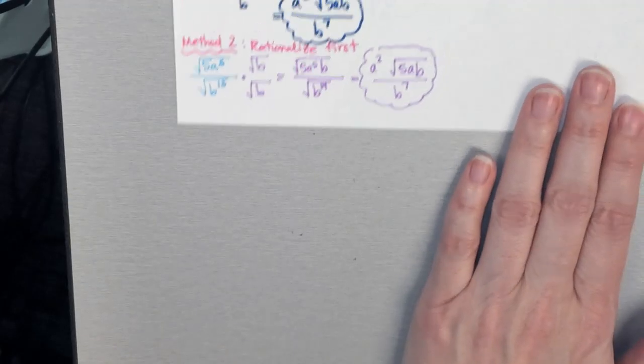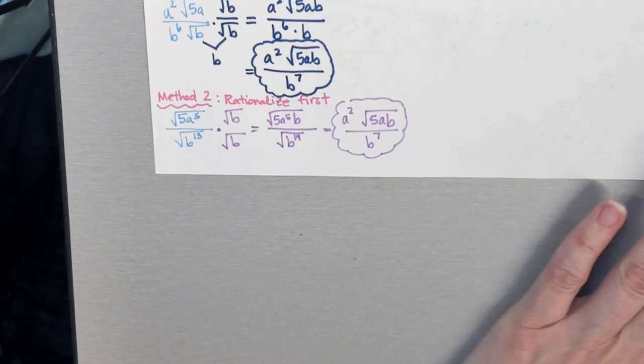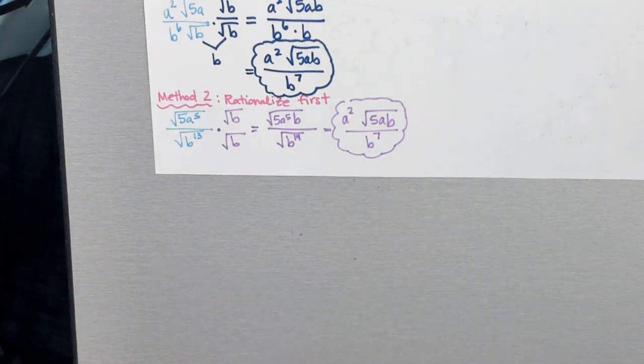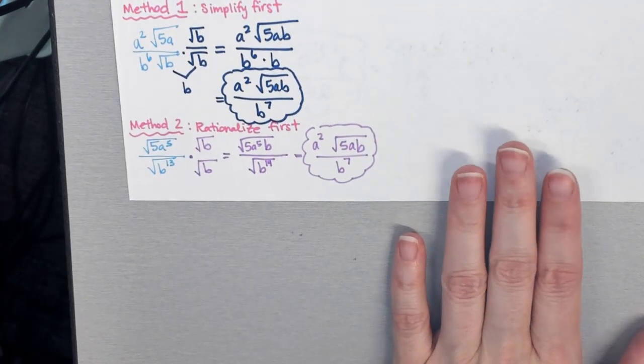Okay, so I want you to try part B, and you can choose whichever method you would like. So you can choose to simplify first, or you can do rationalizing first, whichever you're most comfortable with.